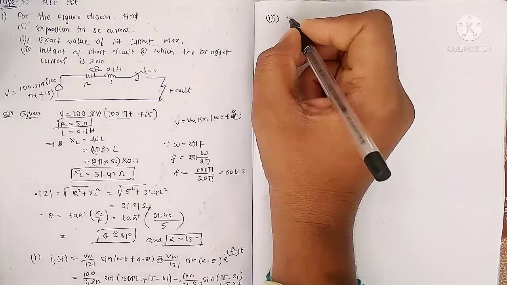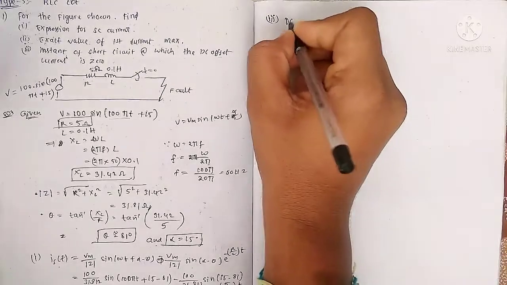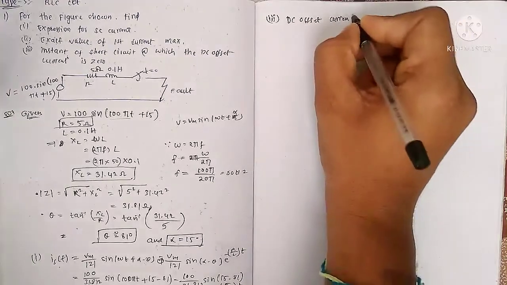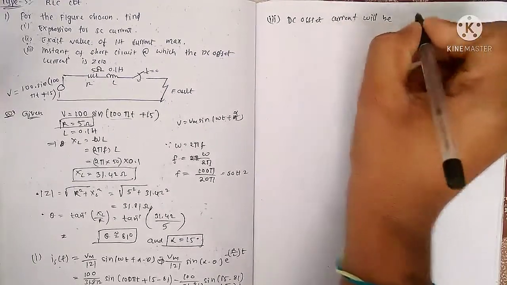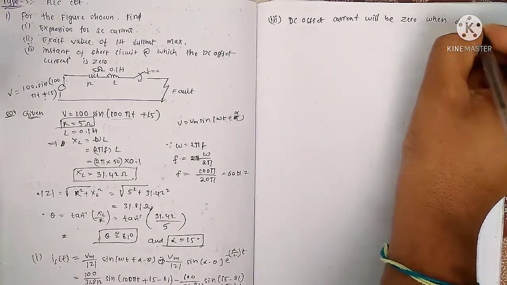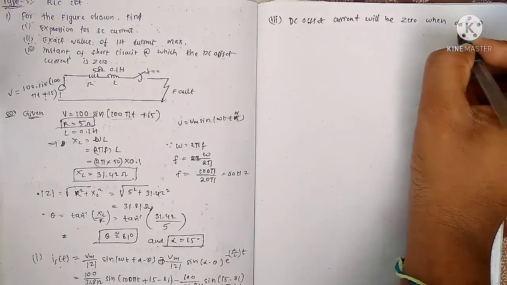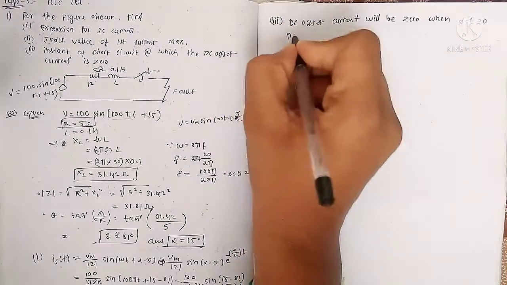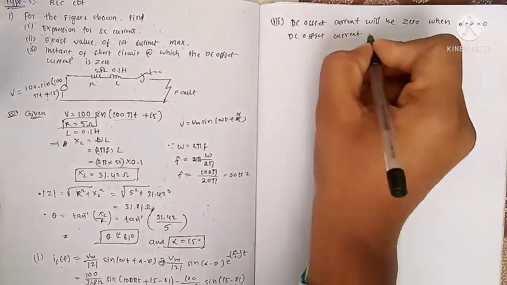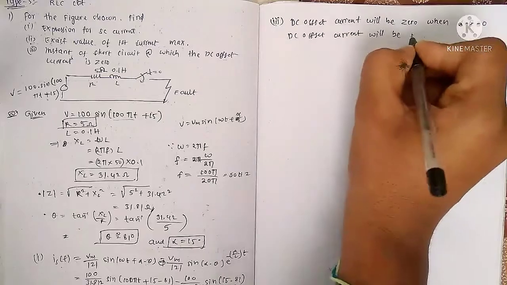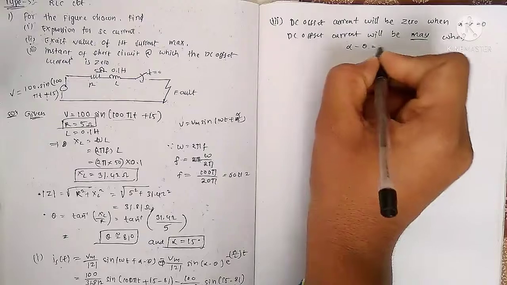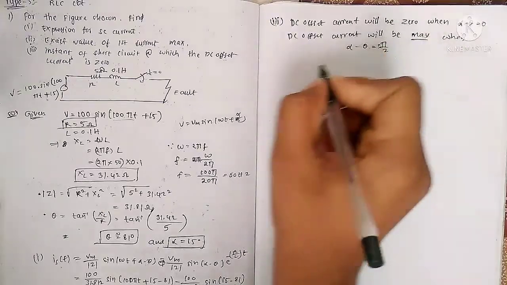Now I am taking it directly. The DC offset current will be 0 when alpha minus theta is equal to 0, and the DC offset current will be maximum when alpha minus theta is equal to pi by 2.